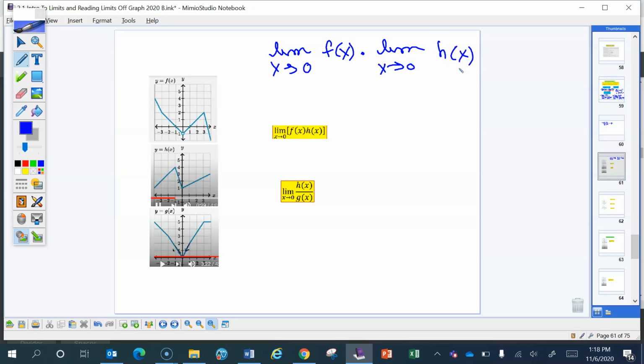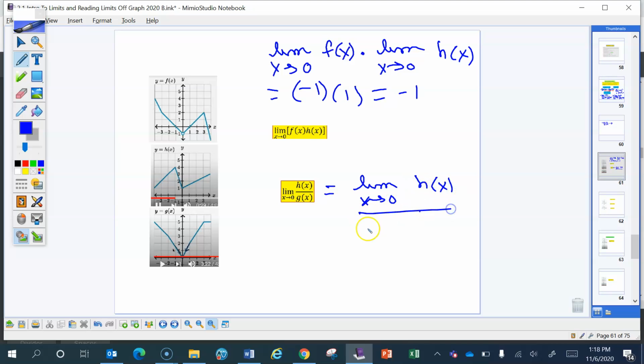So looking at graph f, the limit as x approaches 0 of graph f is equal to -1. And the limit as x approaches 0 of graph h is +1, and -1 times +1 is going to be -1.